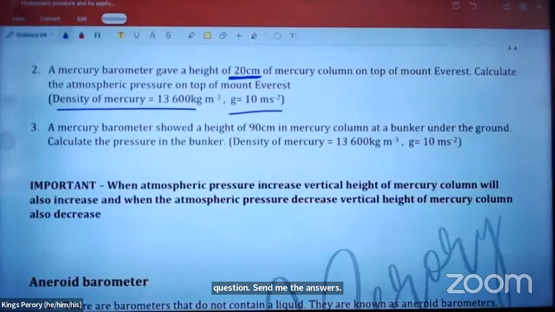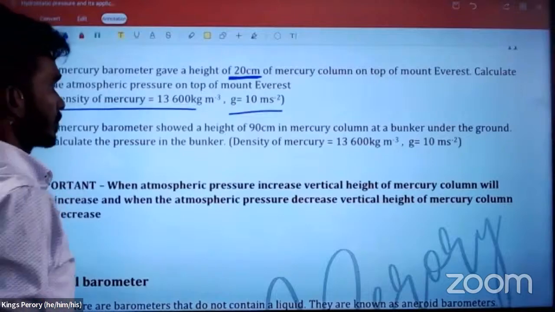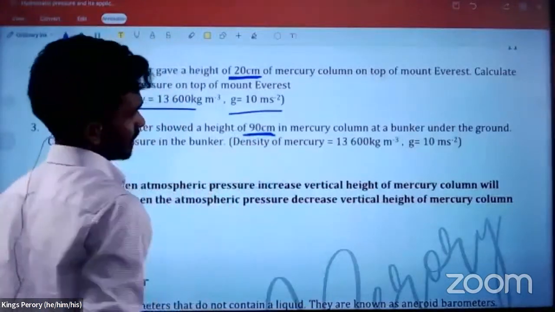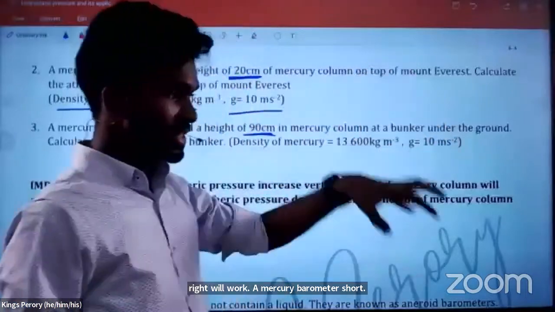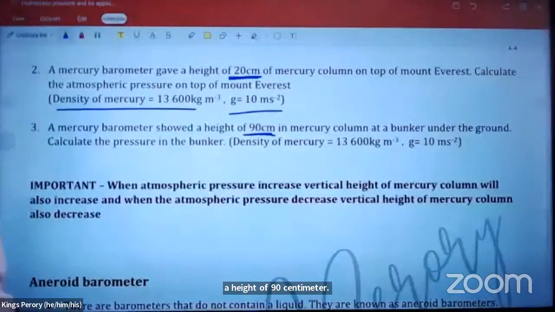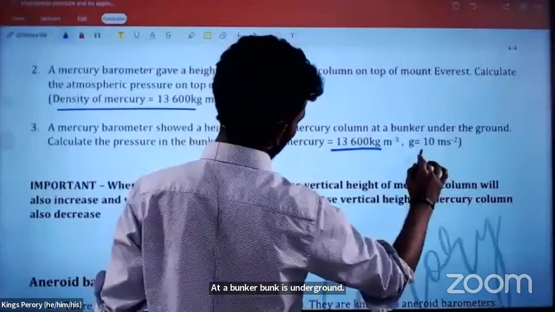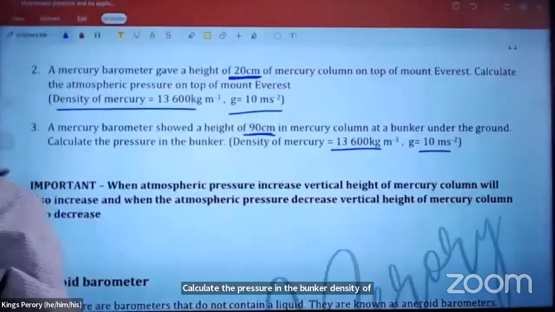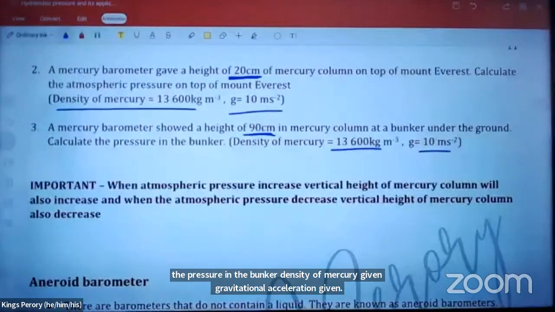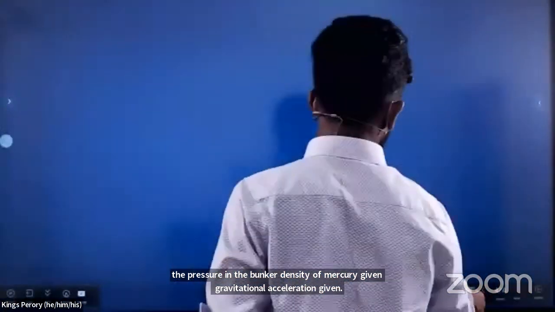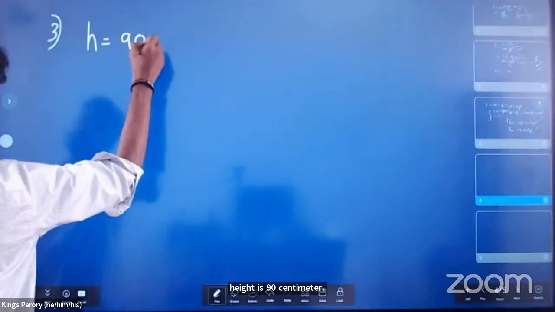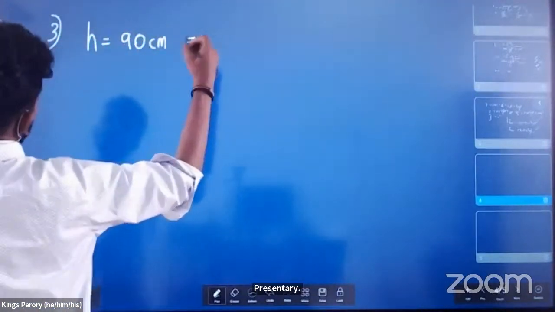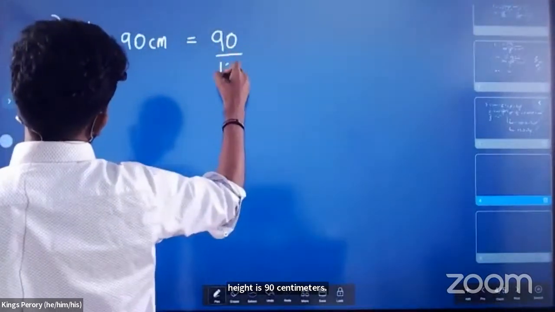Right, we'll work. A mercury barometer showed a height of 90 centimeters at a bunker. The bunker is underground. Calculate the pressure in the bunker. Density of mercury given, gravitational acceleration given. Height is 90 centimeters.